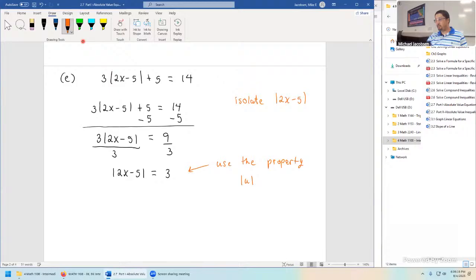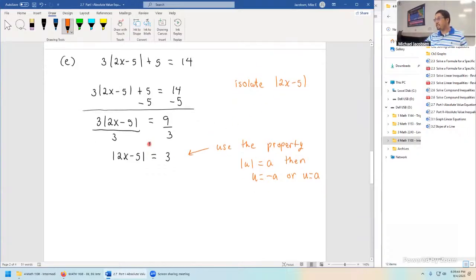If we have the absolute value of u equals a, then u equals negative a or u equals positive a. It's critical we do it just at this step. If we did it at the very beginning, we would actually get the wrong answer. So being mindful of isolating the absolute value of 2x minus 5 makes us more sure we're going to get to where we need to go more accurately.